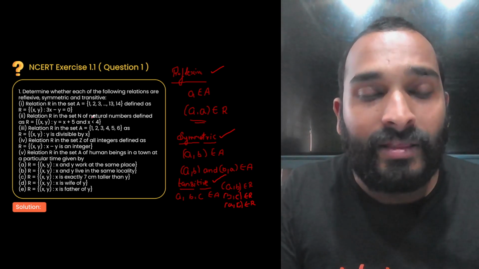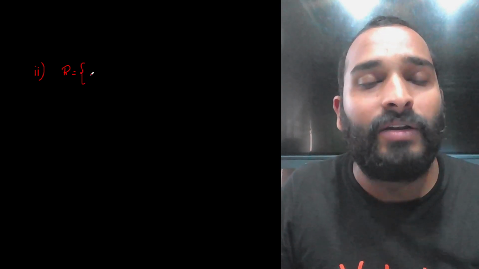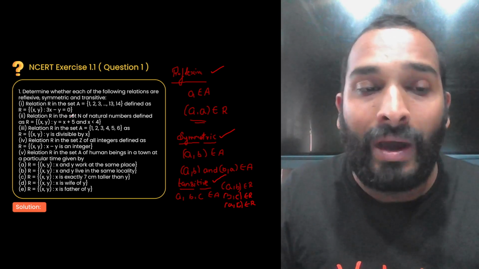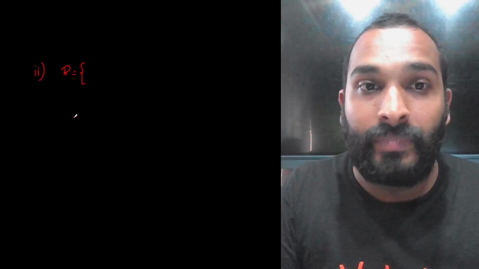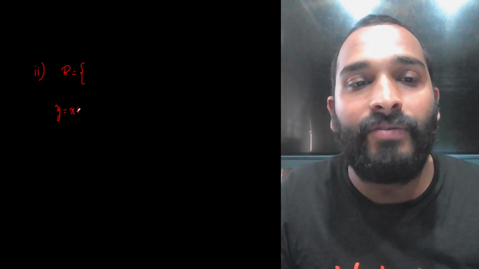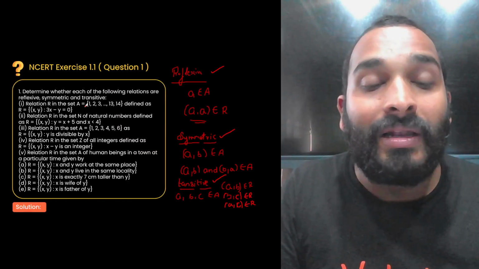R is in the set of natural numbers, and they're telling y is equal to x plus 5. So you need to select numbers in such a way that y is equal to x plus 5, and you have to select numbers where x value is less than 4.